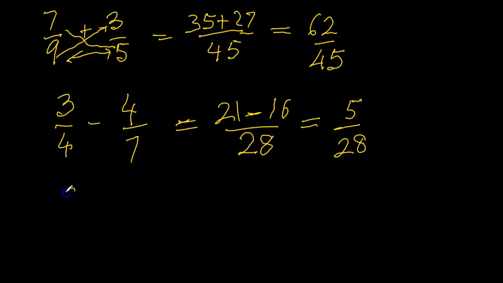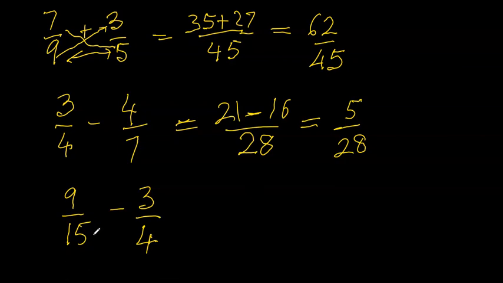All right, let's do our last example. The last one is 9/15 minus 3/4. Right? So we look at the two and we use the same cross strategy.